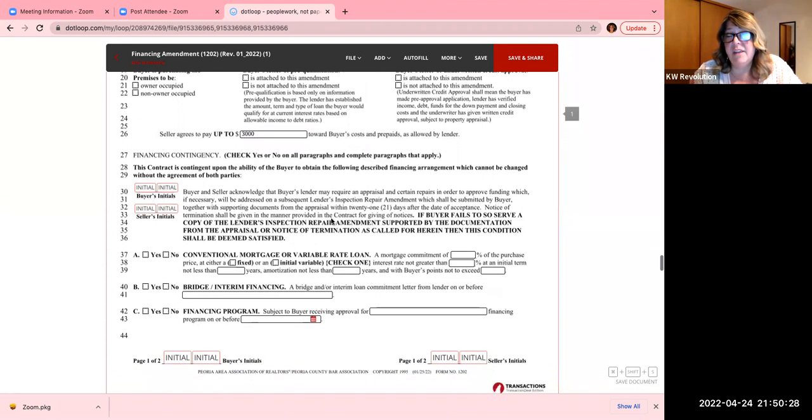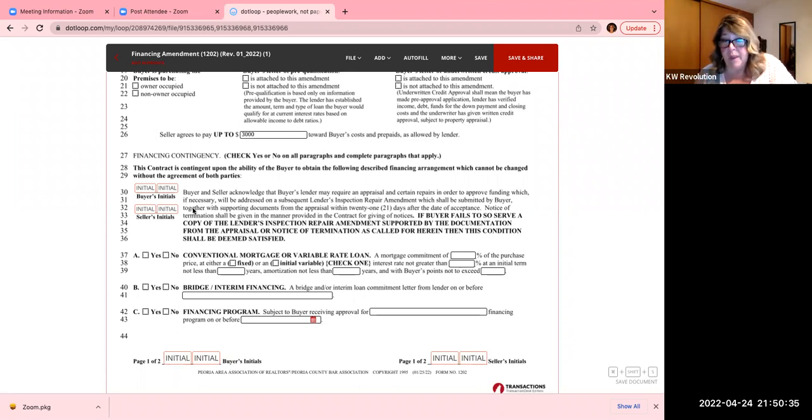And then this here is basically talking about the lenders can request different types of repairs that are not requested by the buyer, but they're requested by the lender. A lot of times it's like a VA loan, an FHA loan, or a grant that they may pull out, or they may call out some safety issues, like no handrail in the basement, or some peeling paint that they want fixed before they'll allow it to close.